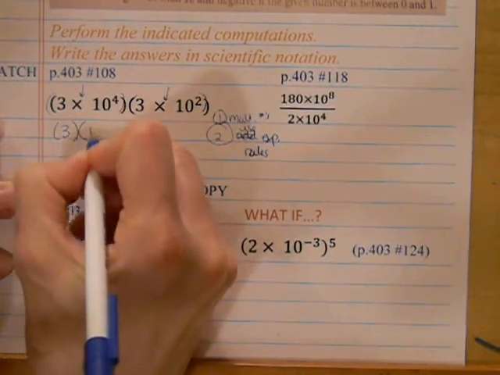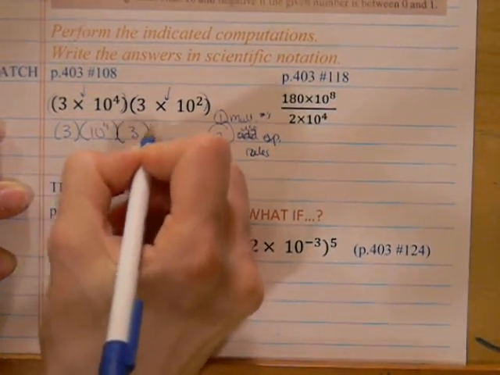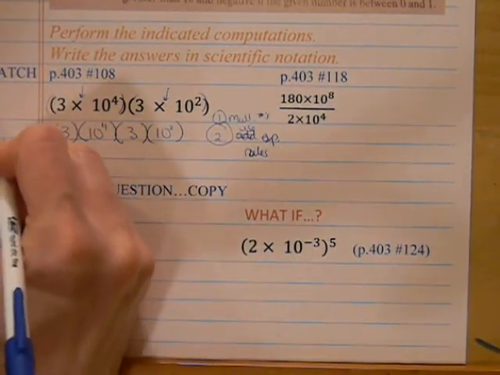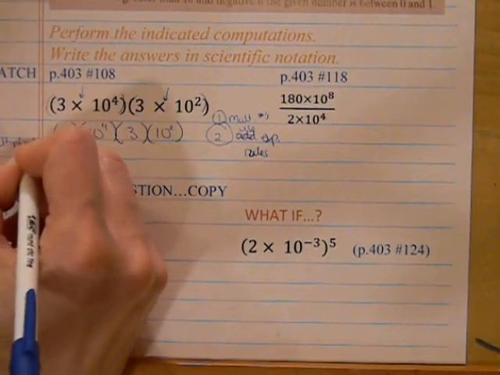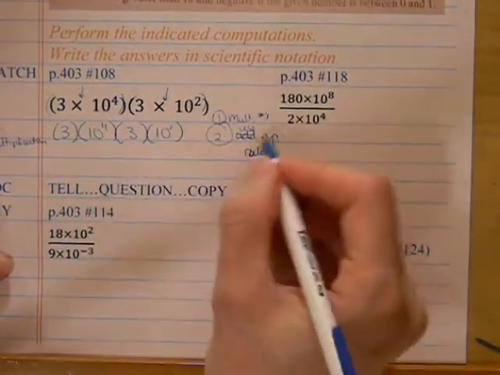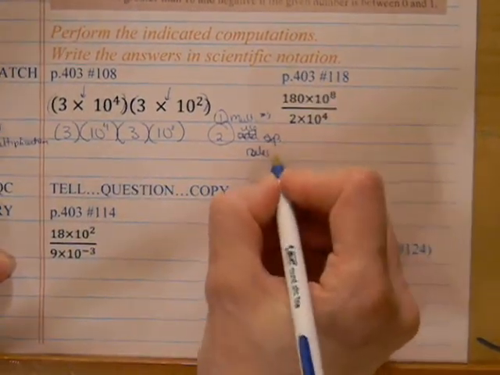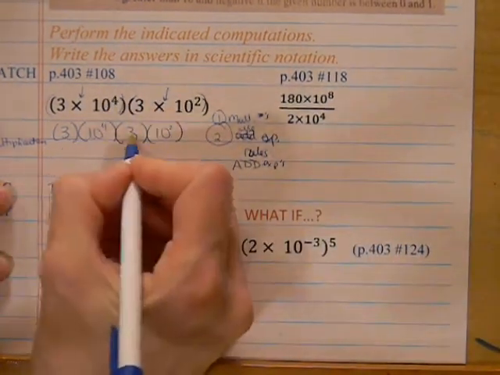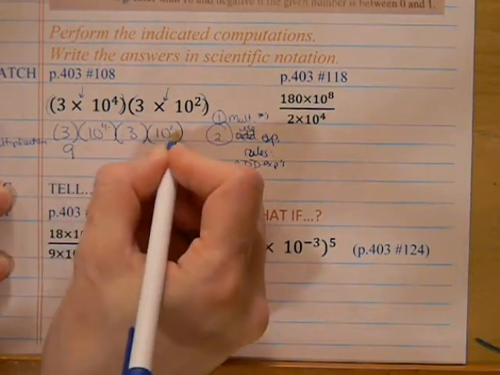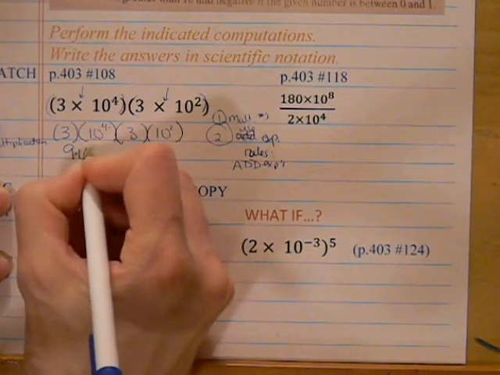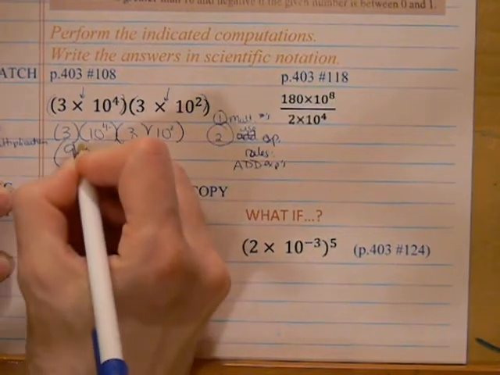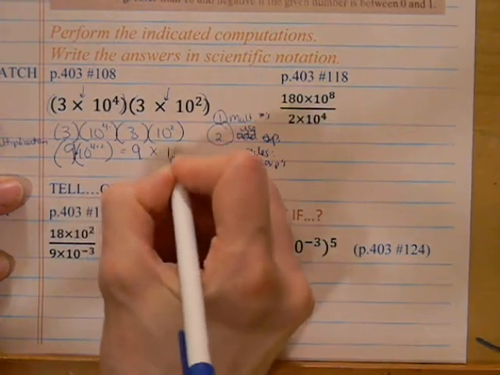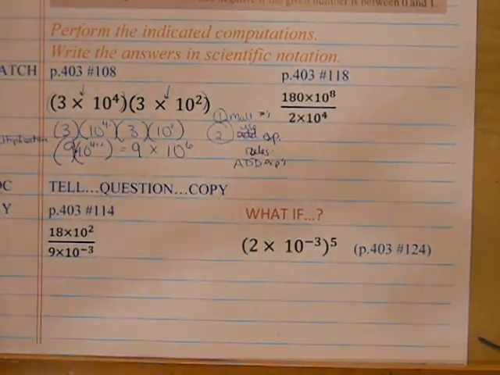So you've really got 3 and 10 to the 4th, and another 3 and 10 to the 2nd. Which means we've got same bases being multiplied, so you can use the exponent rules here and add the exponents. So we get 3 times 3 is 9, 10 to the 4 plus 2, so we've got 9 times 10 to the 6th.